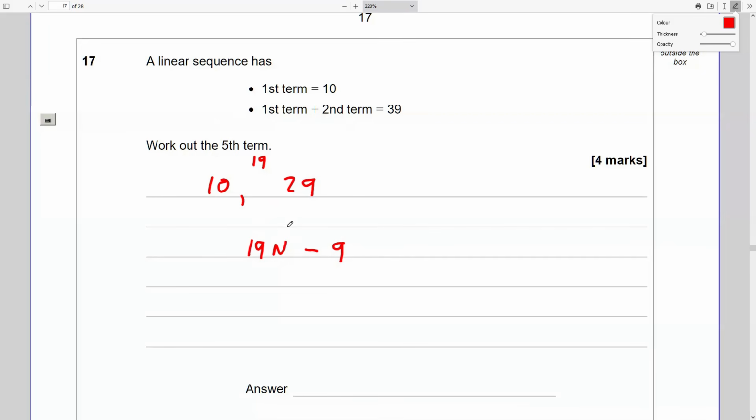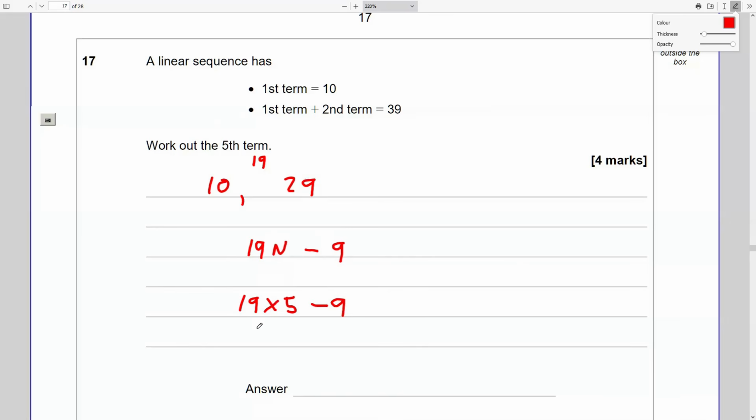We can check it for the second one. If we put 2 in here, we get 2 times 19, which is 38, minus the 9, which should take us back to 29. So it works. So now we can put 5 in. 19 times 5 minus 9. An easy way to multiply by 5 is to halve the number and move the decimal point.